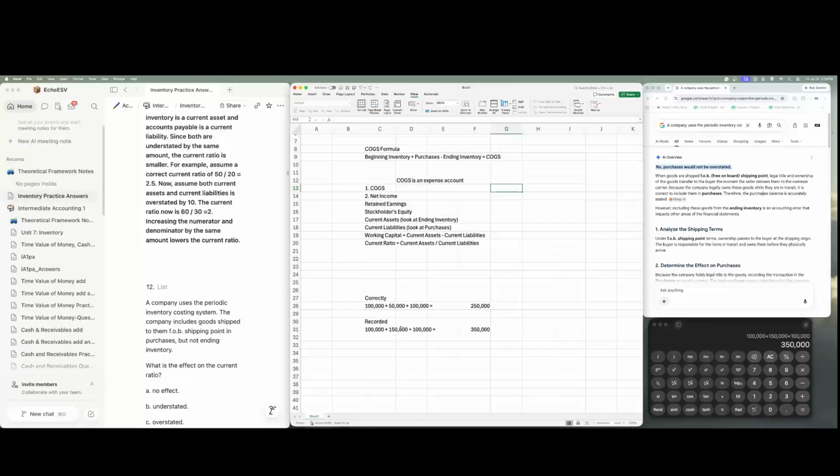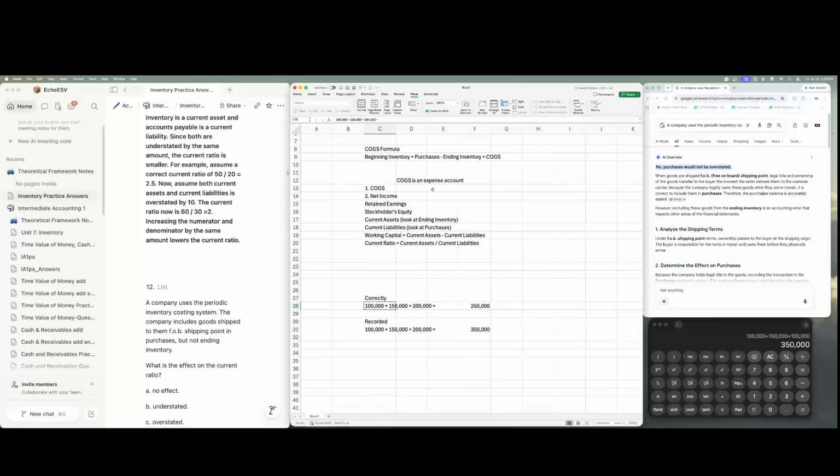For example, this would be correct: 50,000, 100. Let's say the purchases are correct, 150,000, 50,000. That's actually correct, but the ending inventory is not correct.